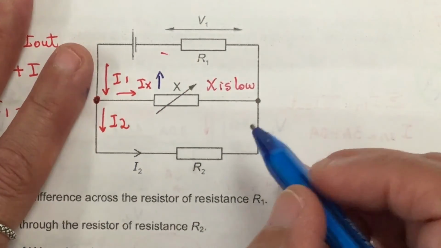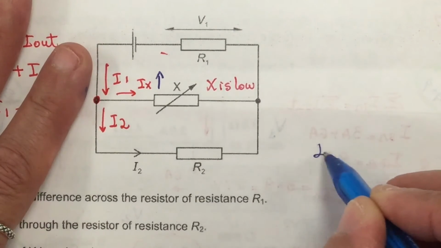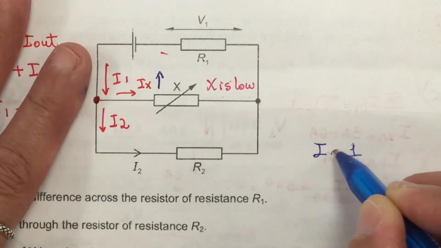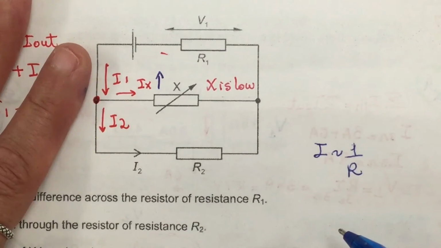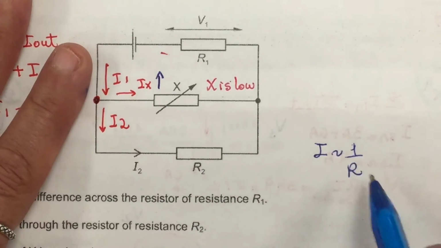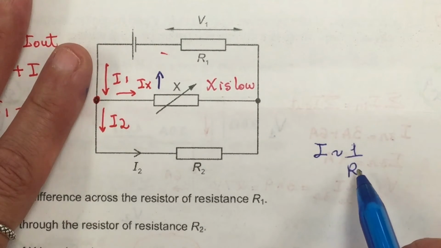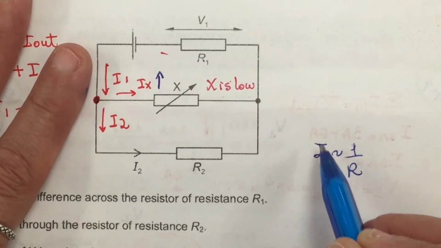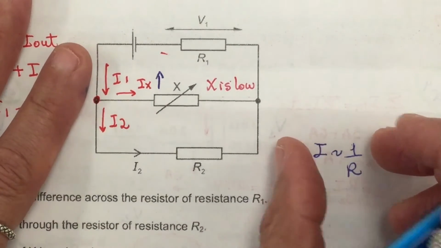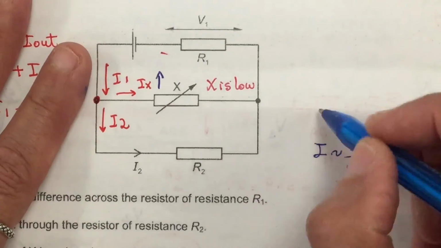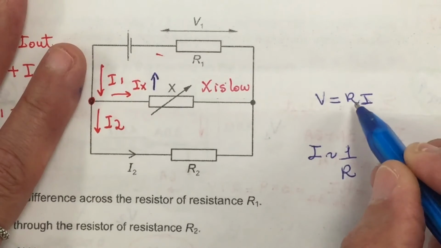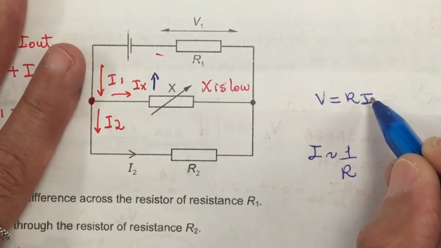Why? Because current and resistance are inversely proportional, just like frequency and period. So if my R is low, my current is high because the voltage remains the same. Remember, the voltage is RI, the product of resistance times current.